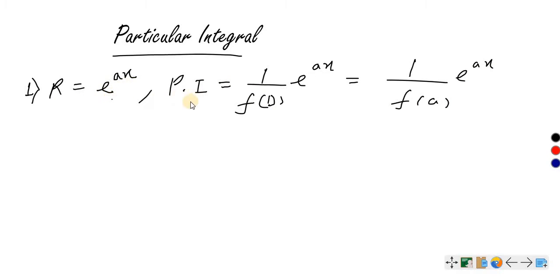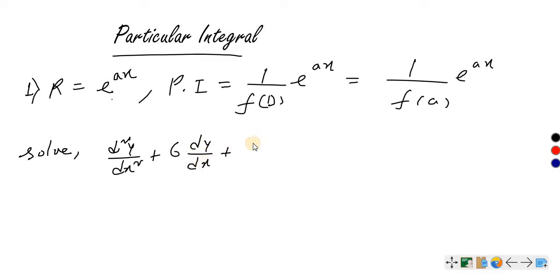Let us try to understand this by solving a problem. For example, suppose we have a problem: solve d square y by dx square plus 6 dy by dx plus 9y is equal to 5 e to the power 3x.